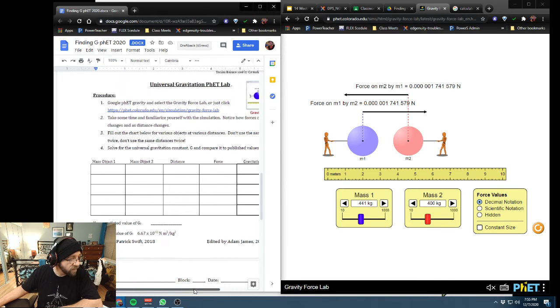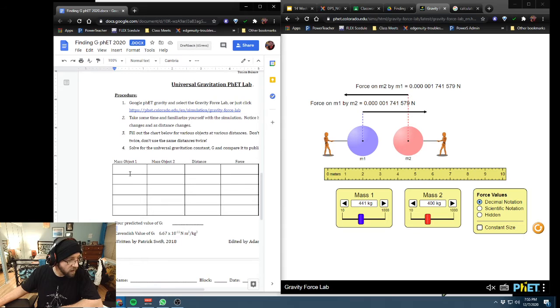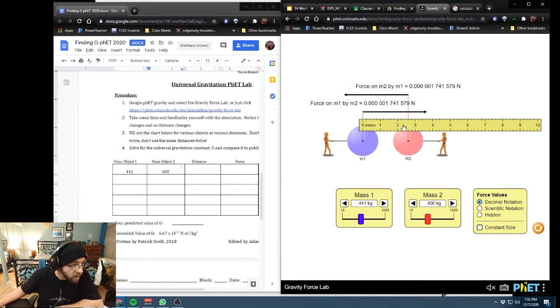That's fine. So there's a column for calculating G at the end of this, but I'll go through an example. So the mass of object one, 441. Cool. Mass of object number two I have is 400. And the distance between them, notice you can drag this ruler around, so I'm just going to put a 0 right on here.